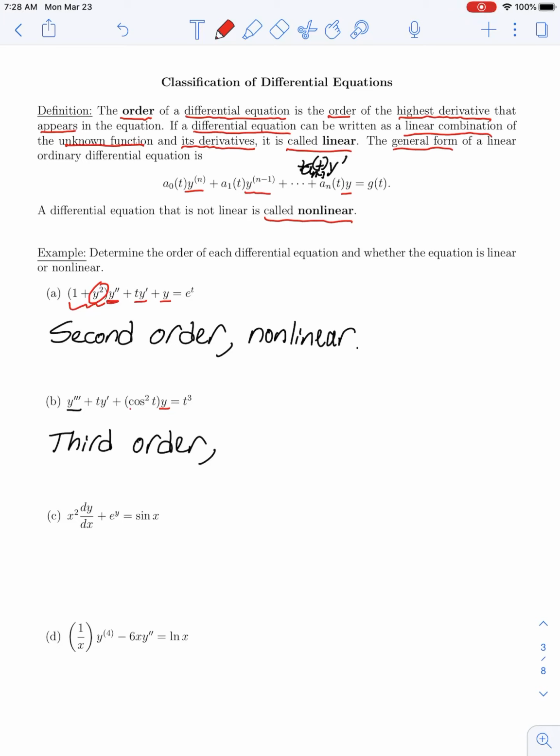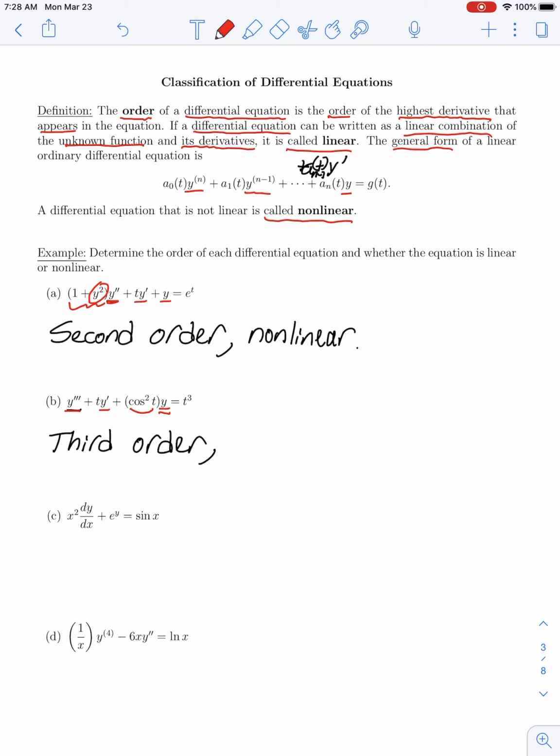Now this cosine squared function is nonlinear, but remember, for linearity, we only need our differential equation to be linear with respect to y and the derivative. So I don't care about this function of t being nonlinear as long as I don't have any nonlinear terms involving y or the derivatives. So moving to our next highest order derivative, we have a y prime times a function of t out in front, still has the general form that we're after.